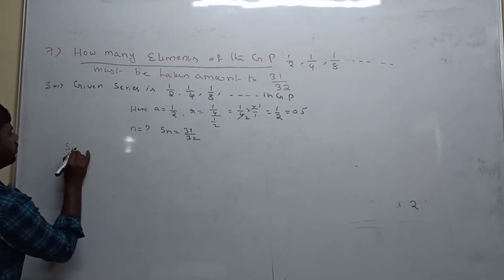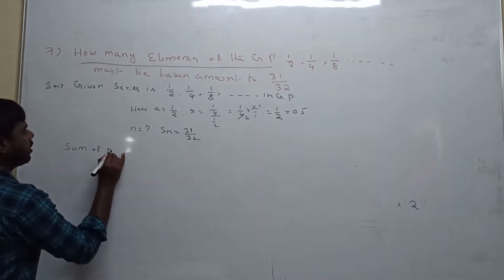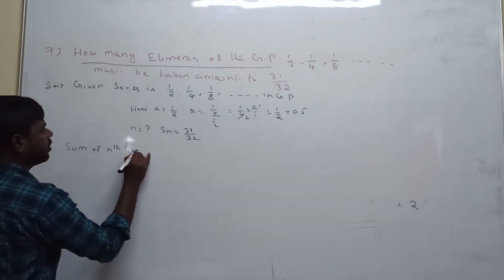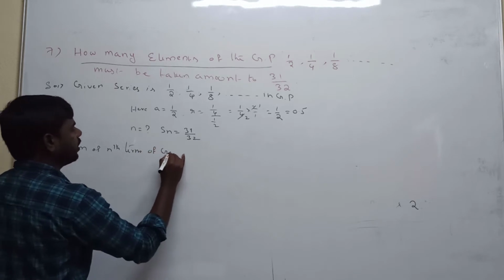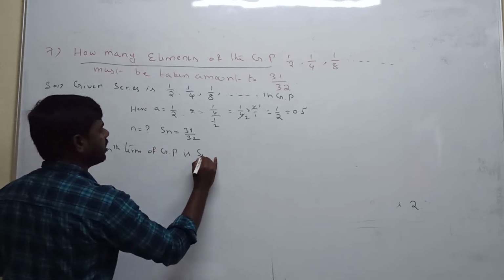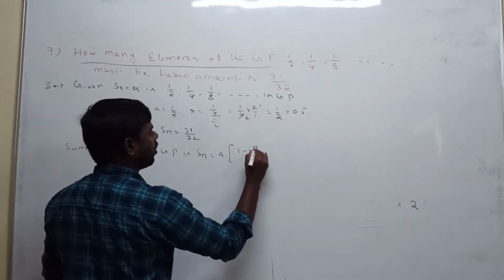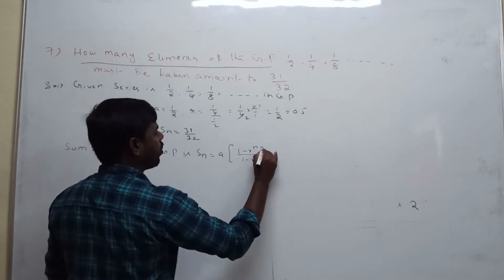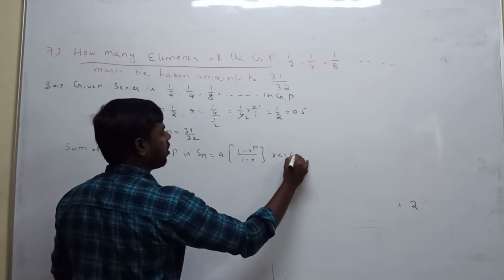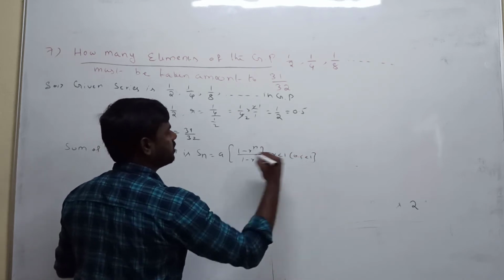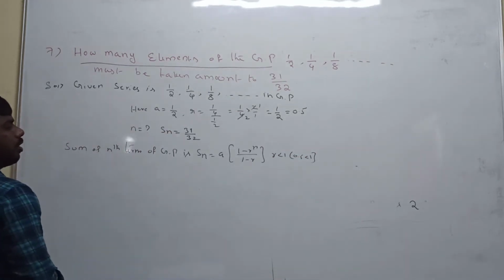Now apply the sum of nth terms of a geometric progression: Sn is equal to a into 1 minus r to the power of n divided by 1 minus r, because r value is 0.5, which is less than 1. So apply the values.